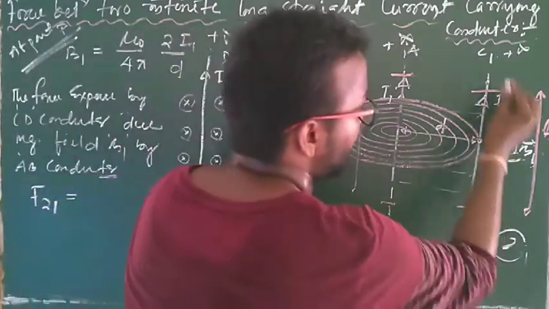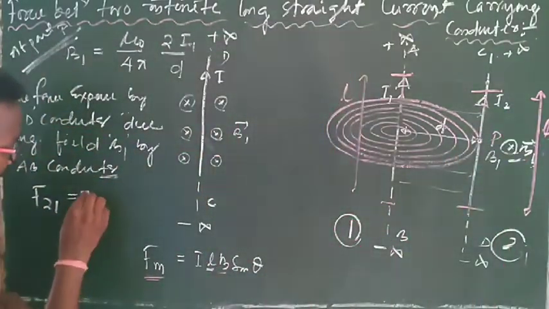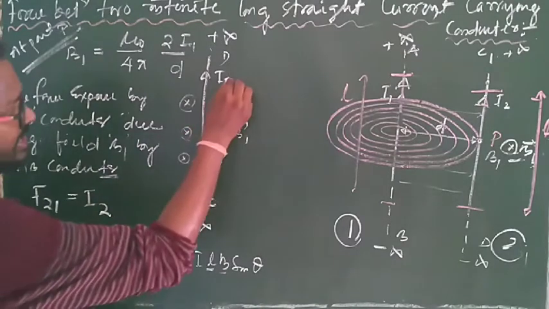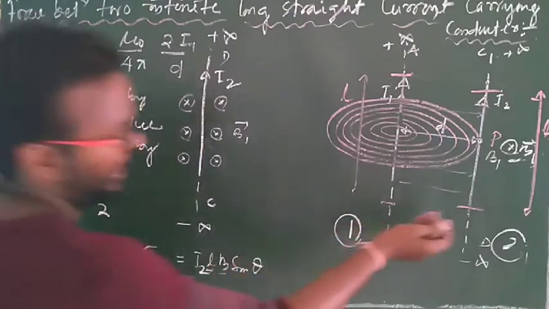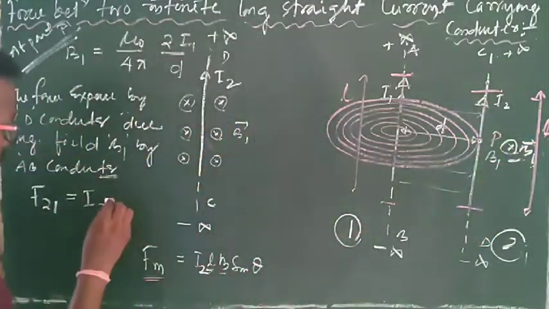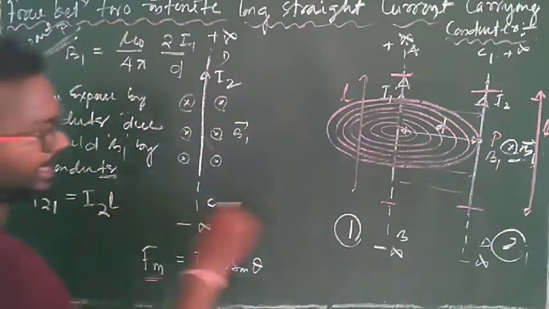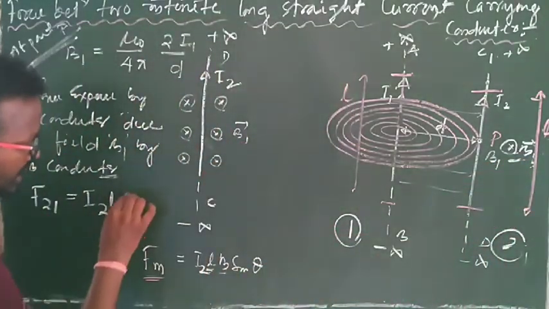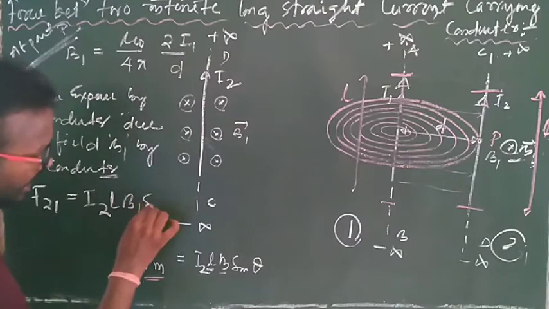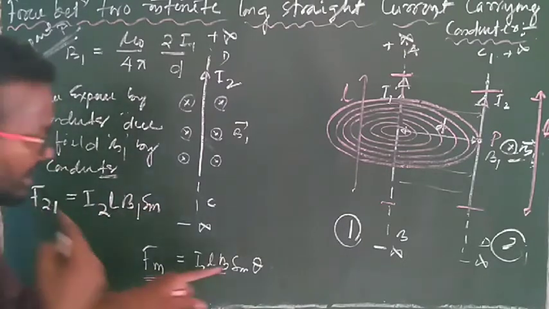But here the current flowing is I2, so you can write I2. And the length is L, so unit length L, and this is a uniform magnetic field B1, so you can write B1 and sin theta.